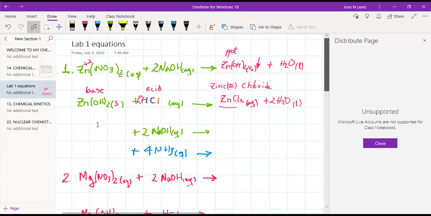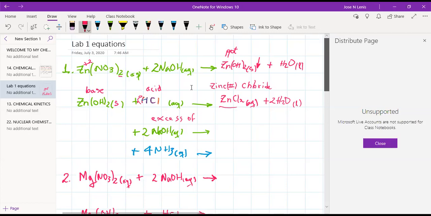So on the second test tube, we have zinc 2 hydroxide solid, and we added more sodium hydroxide. So that's why we say we are adding an excess of sodium hydroxide.